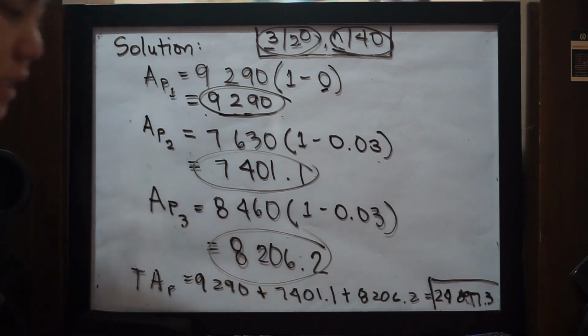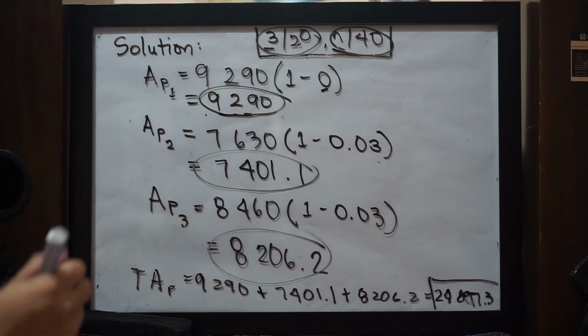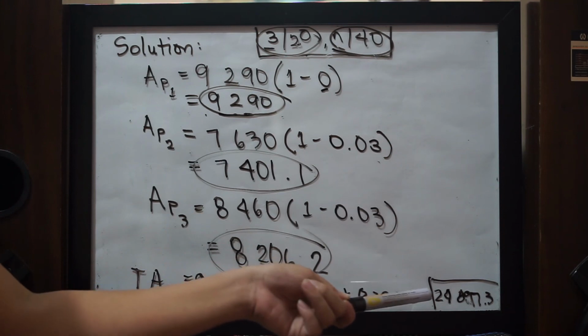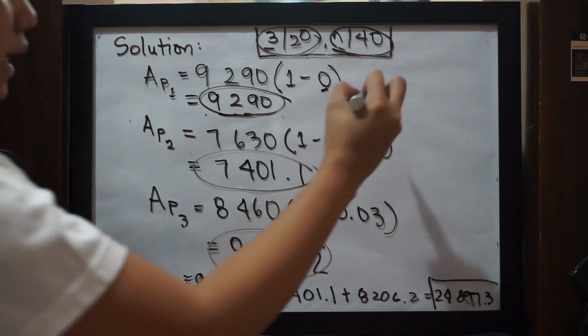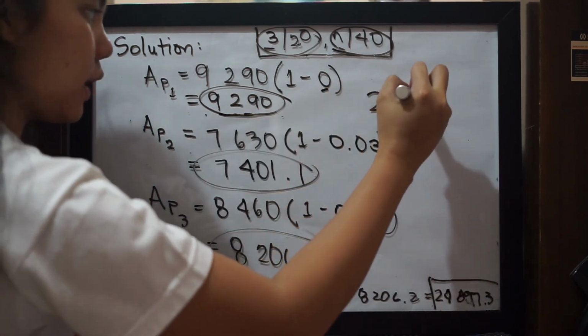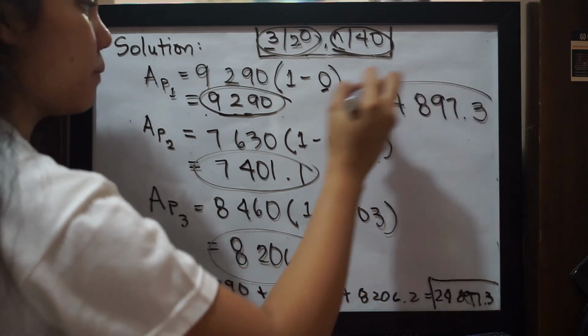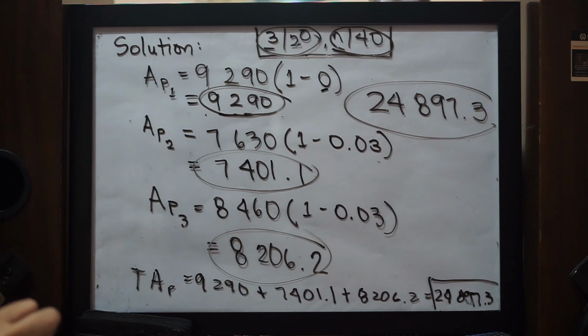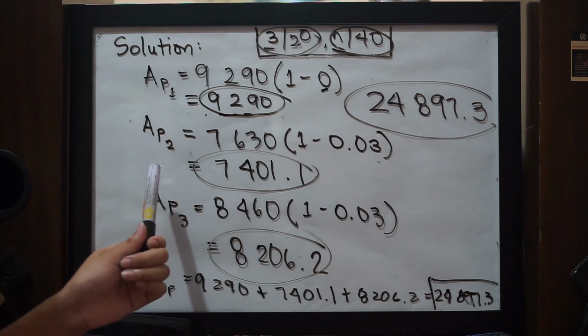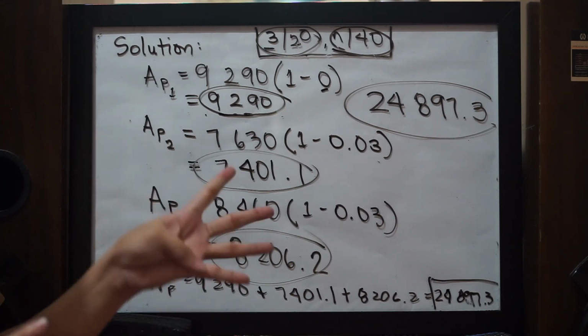So, this is our final answer. Again, adding the 3 amount payable, the answer is 24,897.3. I will write it here so that you can clearly see. So, that's it for problem number 4.